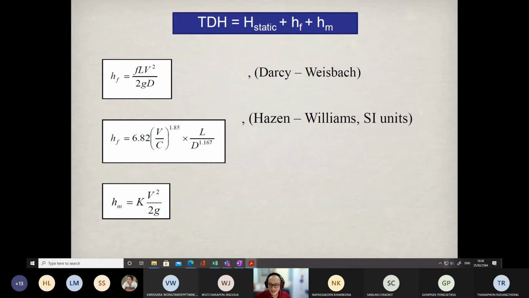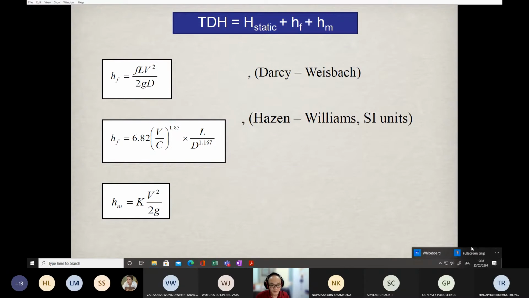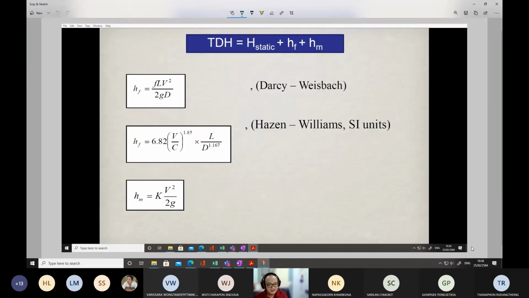So we can say that the major loss and minor loss vary depending on the flow rates. So if you plot the curve like this, the x-axis is the flow rate and the y-axis is the TDH. How will the curve look? If we don't consider the static head, we only focus on the major loss and minor loss. At zero Q, the loss is zero.